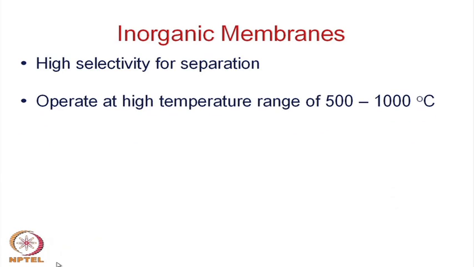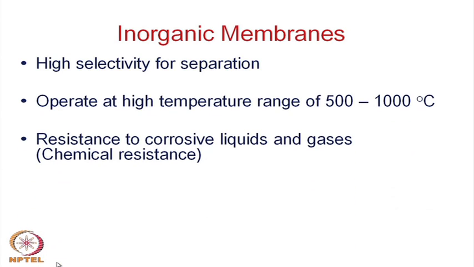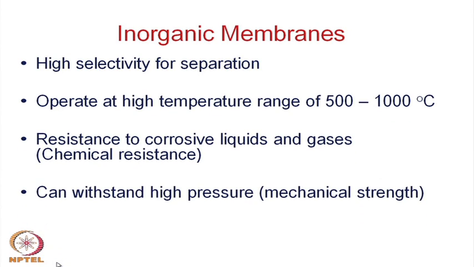These are some of the characteristics of the inorganic membranes we are talking of. High selectivity for separation, so the separation efficiency is very high. They can operate at temperatures of 500 to 1000 degrees centigrade, which is also the high temperature required for the reforming reaction.